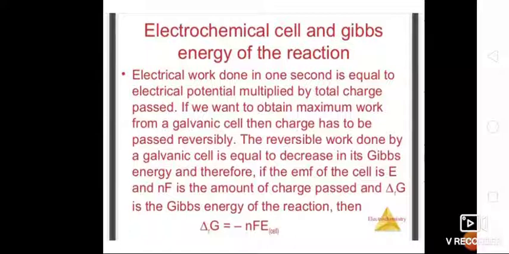The reversible work done by a galvanic cell is equal to the decrease in its Gibbs energy.